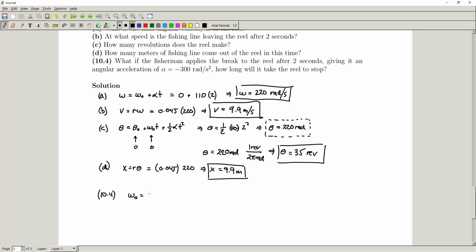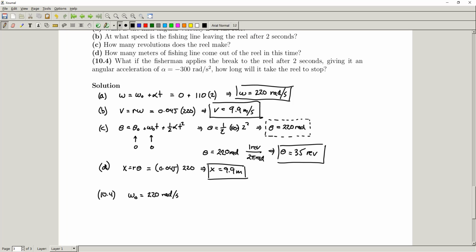Now we're going to set omega naught to 220 radians per second, and we're going to answer this question about what would happen if we slam the brakes on from 220 radians per second, where the brakes account for this minus 300 radians per second squared deceleration, or negative acceleration, I should say.